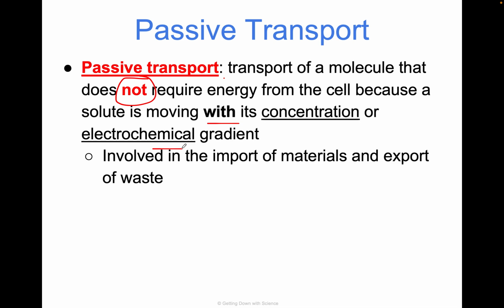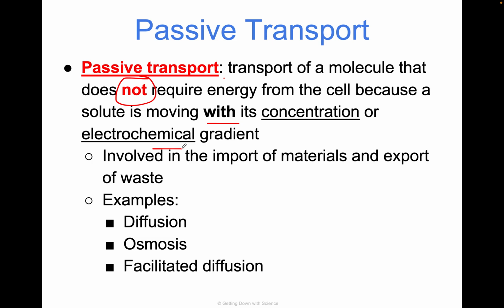So we need CO2 to come into the cell, or we need O2 to come into the cell, and we need to export the opposite, right? CO2 or O2. Examples of this, there's three of them: diffusion across a membrane, osmosis, and facilitated diffusion.